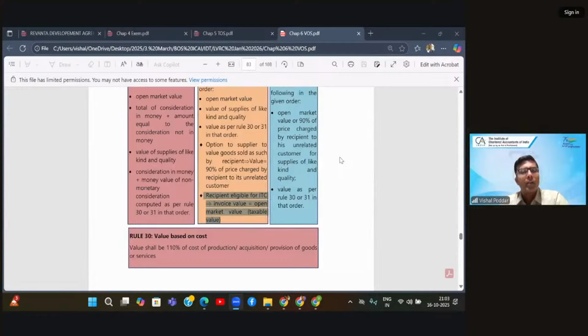So please solve your module and past MTPs, RTPs, which are available on our BOS portal for all these chapters, so that if you find difficulty in applying these provisions in any of the MTP, RTP case studies or problems, I'll be happy to solve your queries and doubts. Please take that effort so that anything relating to these 6 chapters which we have discussed till now will be fully completed by the next lecture.